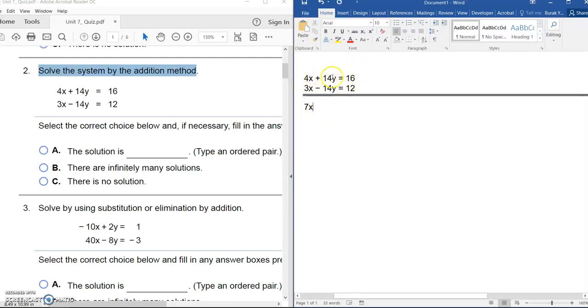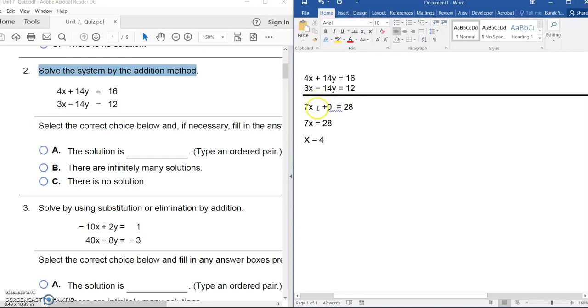And then 14y minus 14y, they cancel each other out, so that's just a big 0 here, which we don't need to write. And then on the other side I got 16 plus 12, which is 28. So I have 7x equals 28, and if you divide both sides by 7, you get x equals 4.